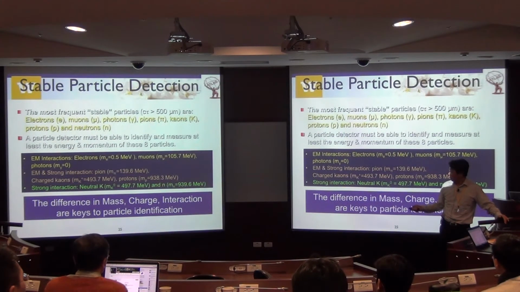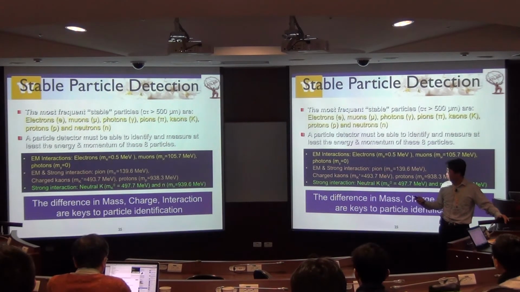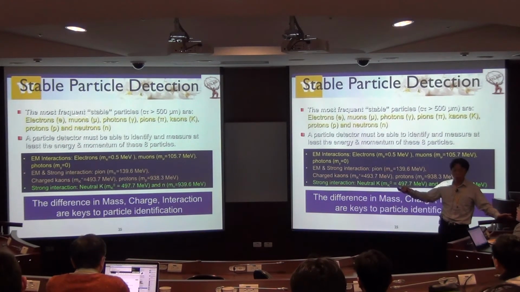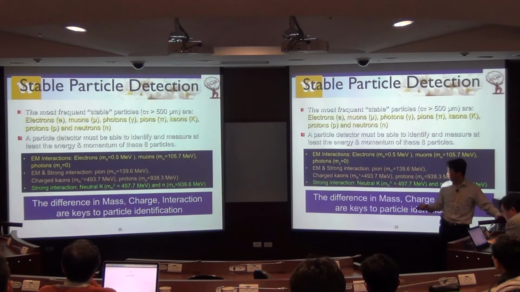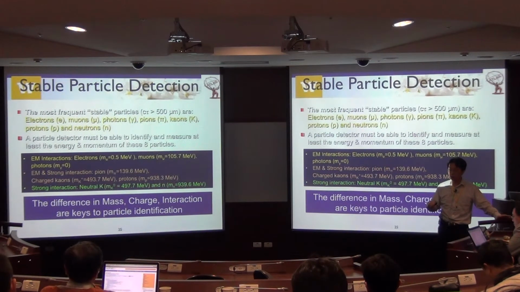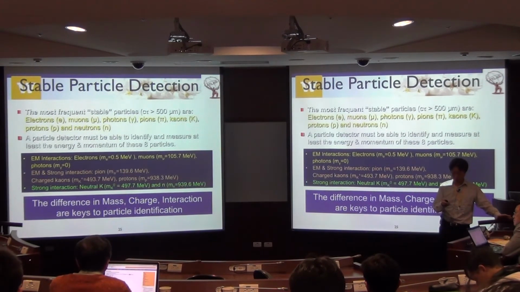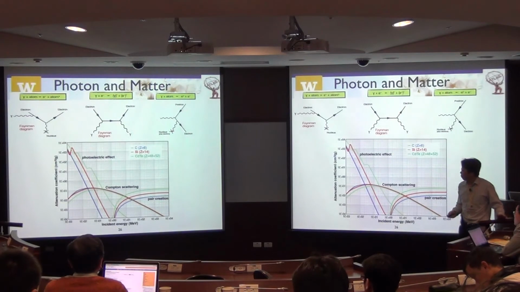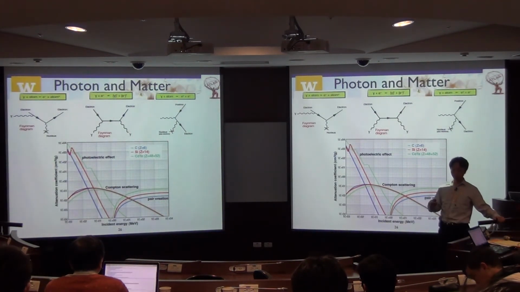For these particles, we are interested in how to discriminate one from the other. What's their mass? What's their charge? And to identify what kind of radiation particle it is, we need to understand their interactions. The interactions of these particles we can briefly summarize in 3 categories.